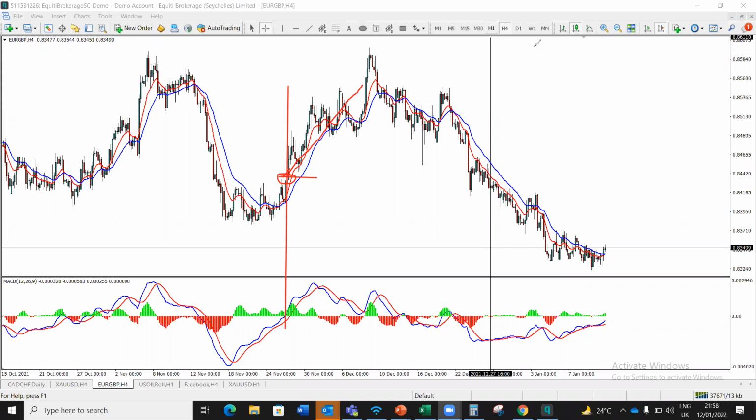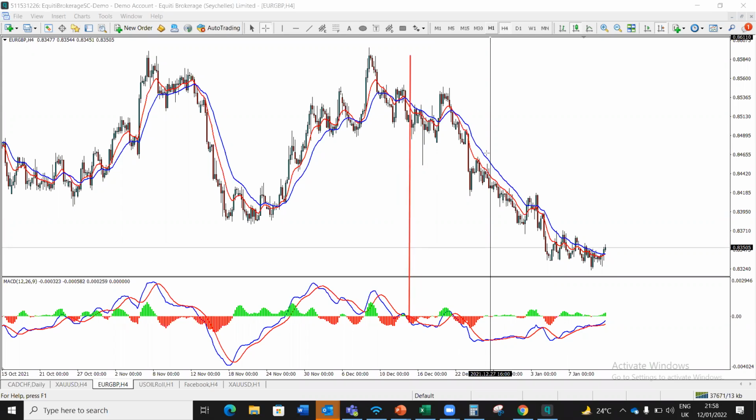And then if the MACD line and the signal line move below the zero line, then we say that there is going to be a bearish sentiment. So long as it moves below the zero line, there is a bearish sentiment. Watch how the MACD line and the signal line broke through this zero line somewhere around here and began to move downward.